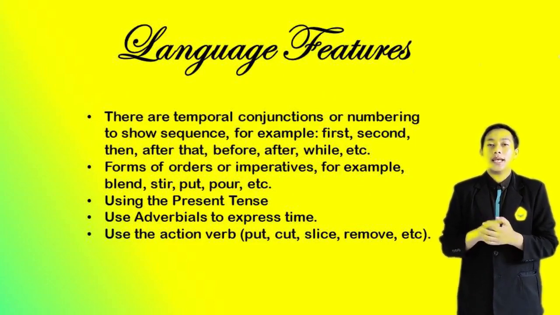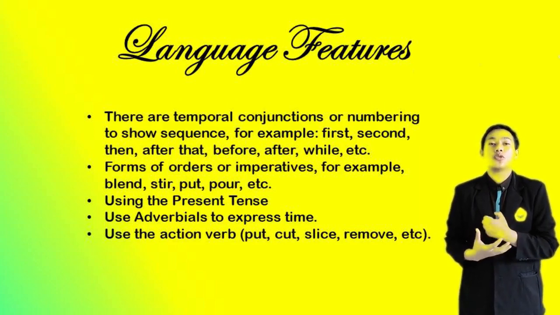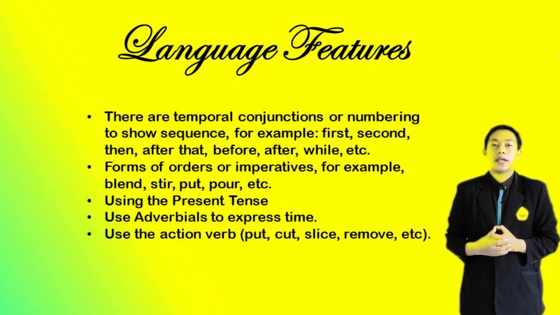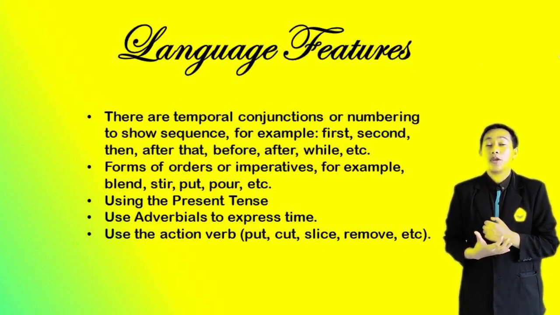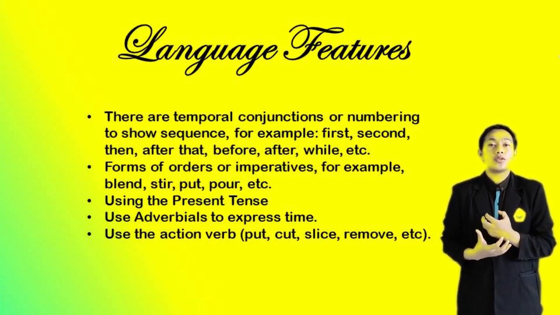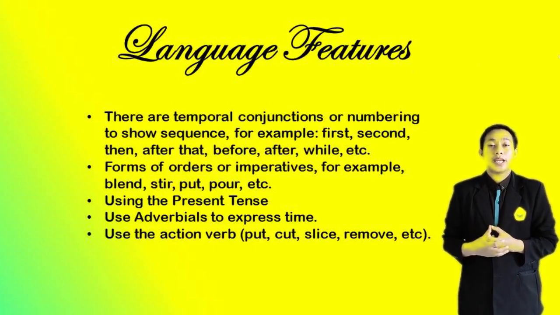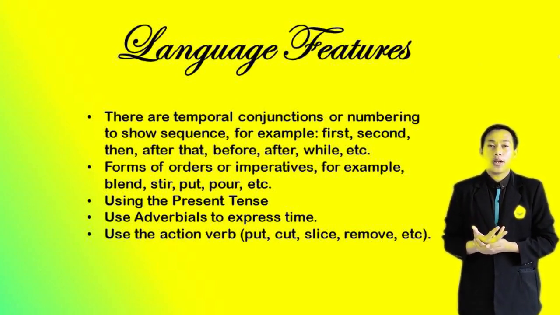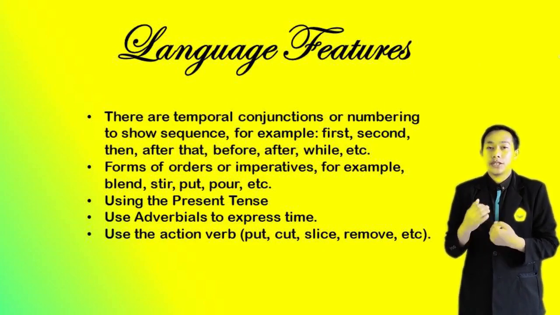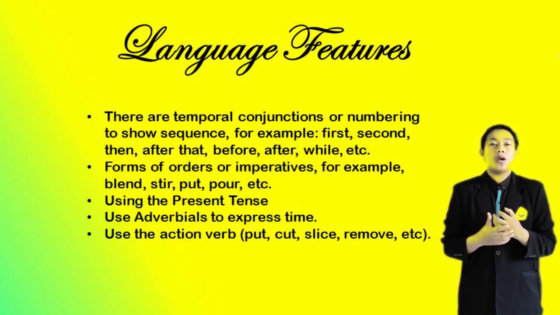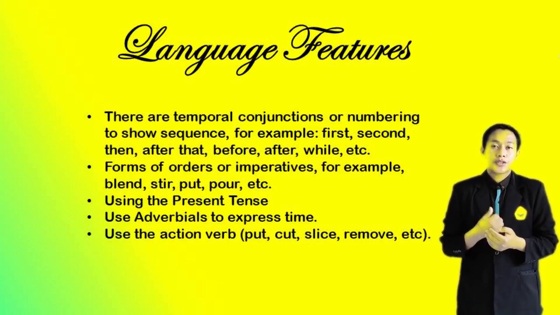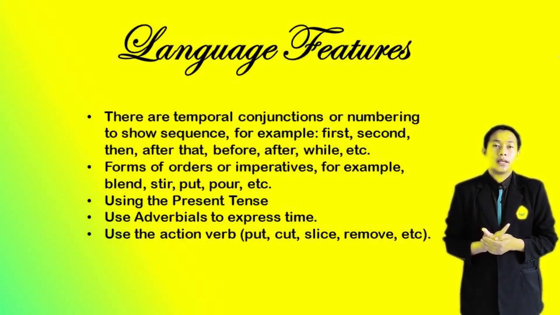Okay, the last is language features. In the procedure text, there are some language features. The first is temporal conjunctions or numbering to show sequence, for example first, second, then, after that, before, after, while, and so on. The second is the form of order or imperatives, for example plant, stir, put, pour, and so on.